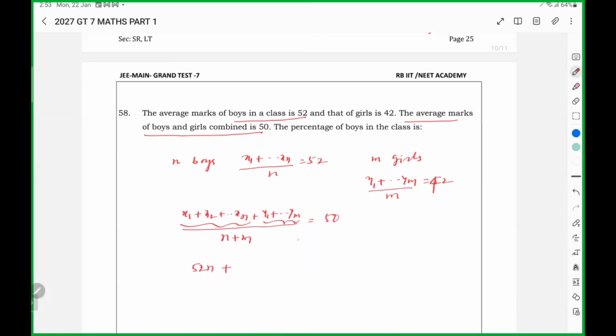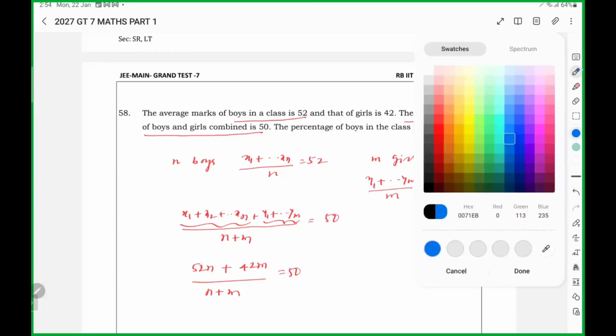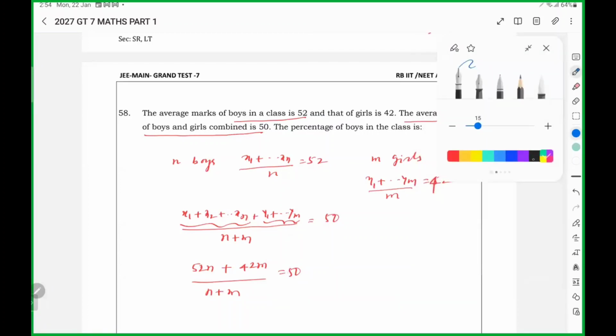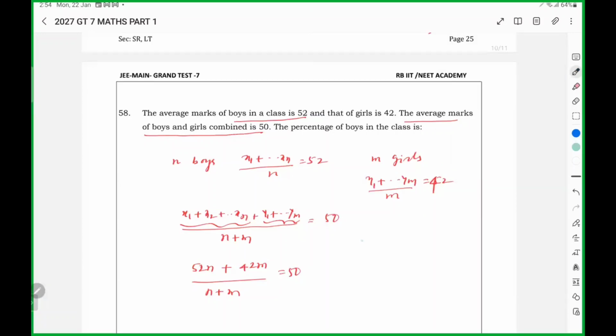From x1 to xn it is 50 n, y1 to ym is 40 m, by n plus m is 50. Here it is 50n plus 40m equals 50n plus 50m.